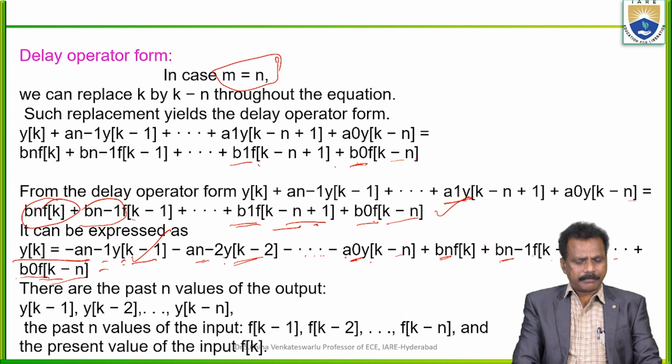That means there are the past n values of the output.